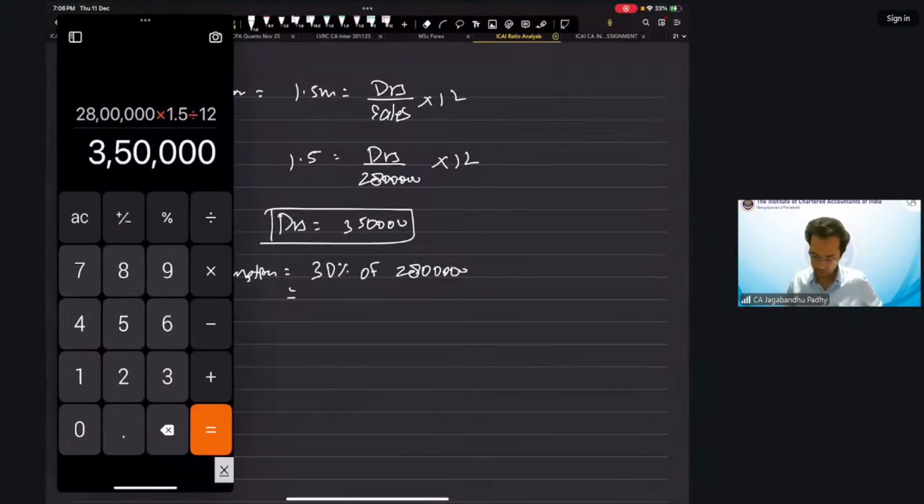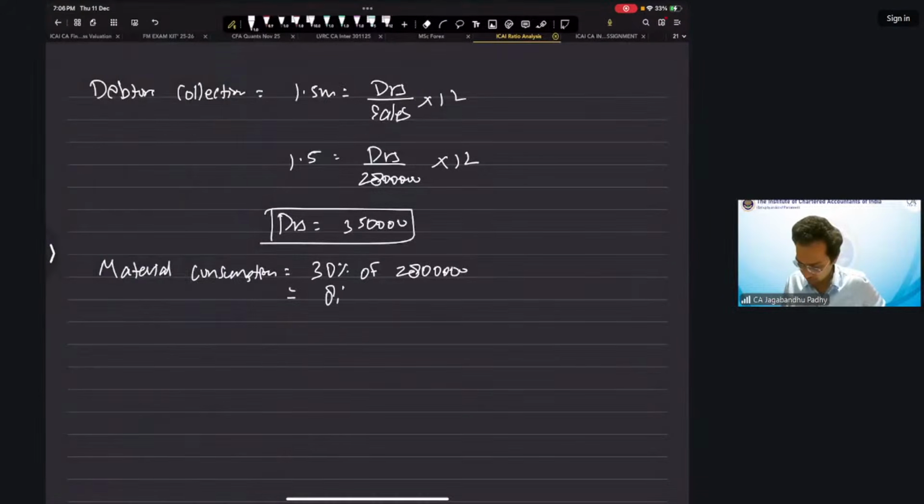So 30% of 28 lakh, which is 8 lakh 40,000. Material consumption is 8 lakh 40,000.